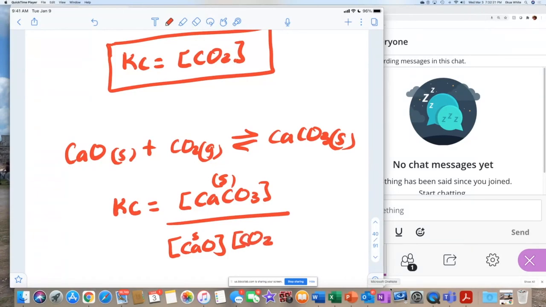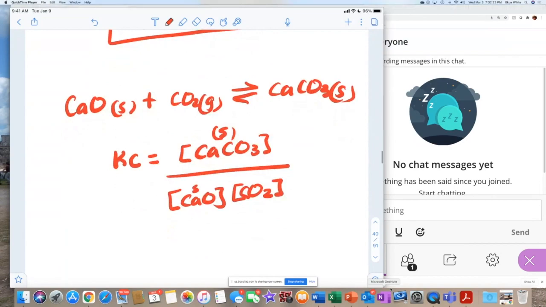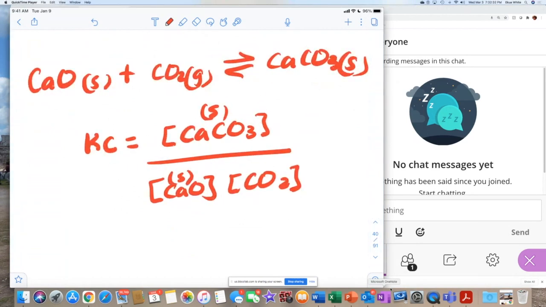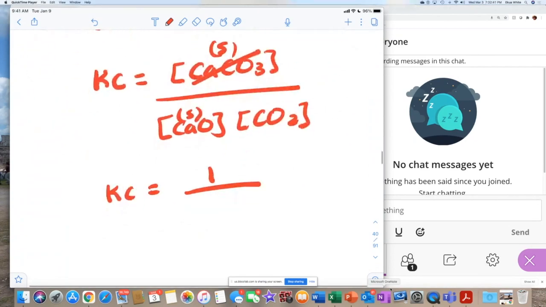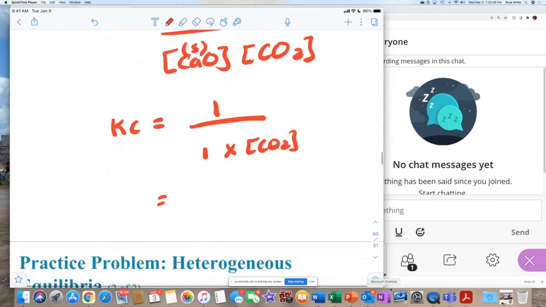I know the solid ones have to be replaced with 1, so this becomes Kc equals 1 over 1 times CO2. So you don't have some weird answer; you have an answer that makes sense: 1 over CO2.